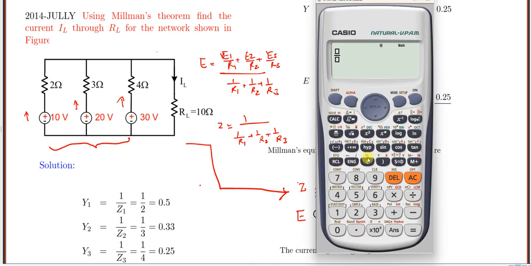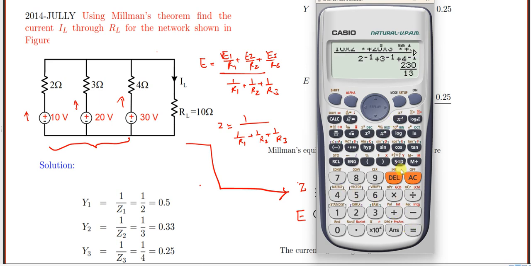So now I'm going to write the voltage value. 10 into 2 inverse plus 20 into 3 inverse plus 30 into 4 inverse, divided by 1 by R1 plus 1 by R2 plus 1 by R3, that is R1 inverse plus R2 inverse plus R3 inverse, which is 2 inverse plus 3 inverse plus 4 inverse.